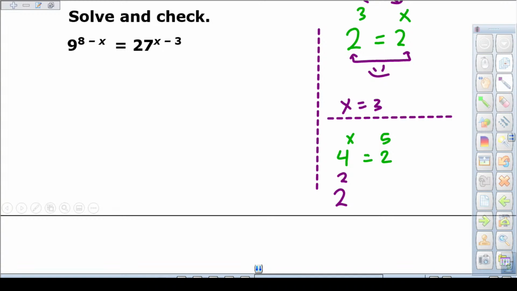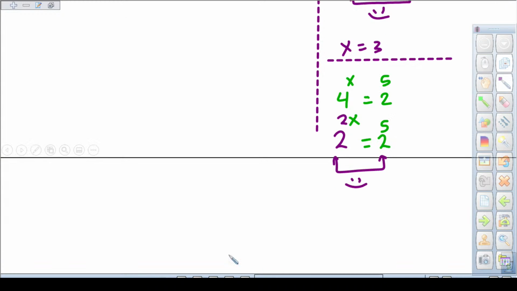But you're not going to neglect that you have an x waiting for you here. That's going to equal 2 to the 5th on the other side. That didn't change. Now, because I have the same bases, the exponents should also be equivalent. So 2x equals 5. I'm just going to solve for x. x is going to be 5 over 2.